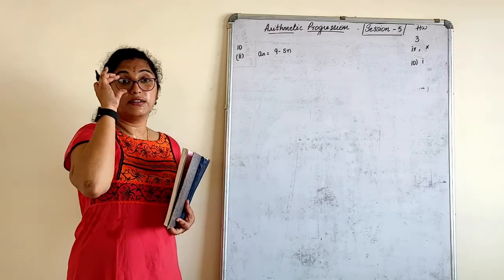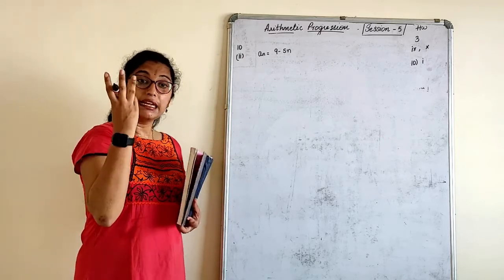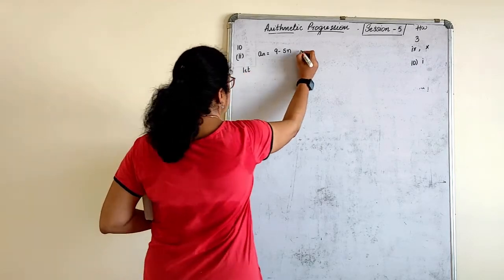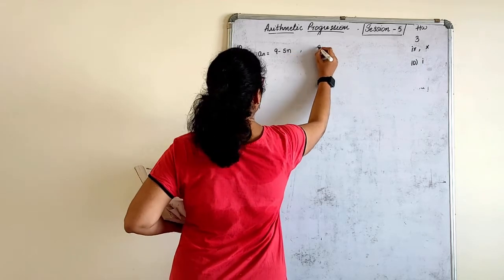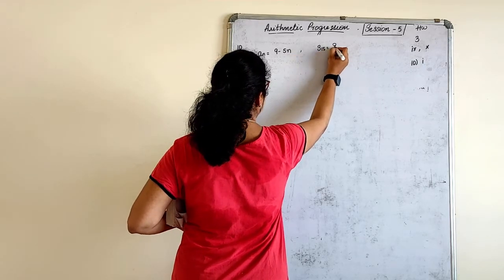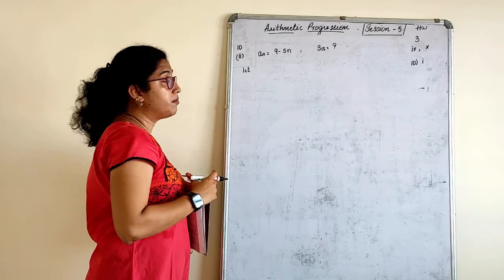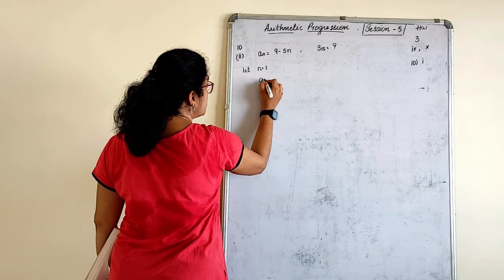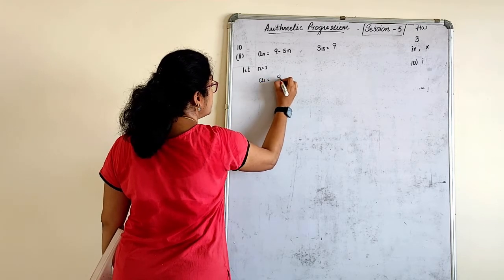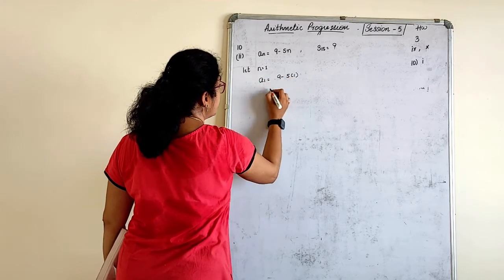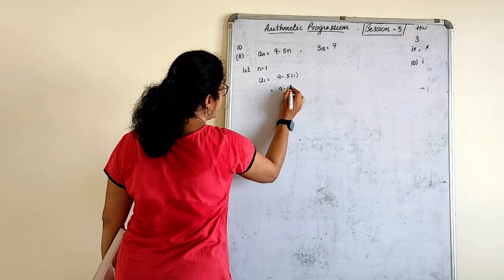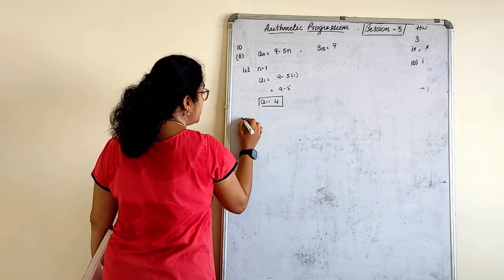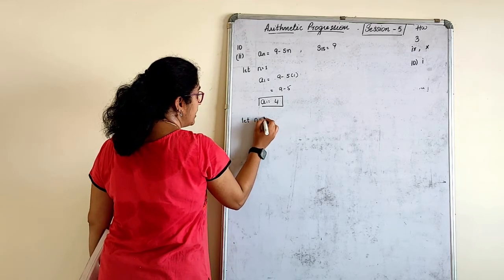Now I should get the AP. How to get it? 3 terms are required to form an AP, right? What else do we have to find here? S15 we have to find. To find S15, I require the first term and common difference. Let n is equal to 1. So a1 is equal to 9 minus 5 into 1, which is 9 minus 5. A1 is 4. Let n is equal to 2.